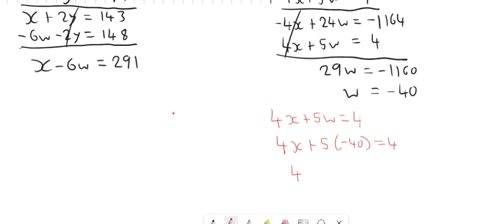So 4x minus 200 is equal to 4. So then 4x is equal to 204? No: 4x is equal to minus 196. So then x is equal to minus 49.